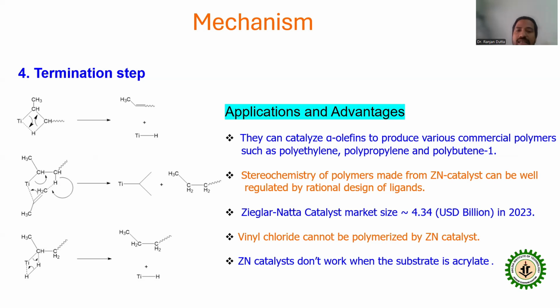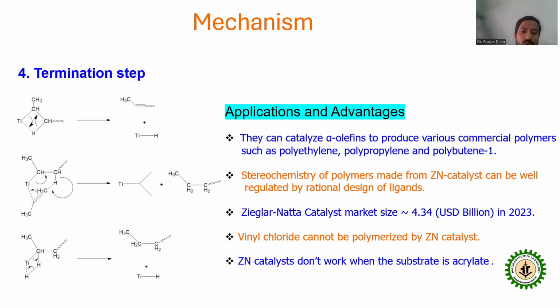One more important thing is that the stereochemistry of the polymer can be controlled by using Ziegler-Natta catalyst. Either we will get isotactic polymer, where the orientation of the alkyl group is in one direction, or we will get syndiotactic, where there is alternating orientation of the pendant alkyl groups. We can also control the molecular weight of the polymer using Ziegler-Natta catalyst.